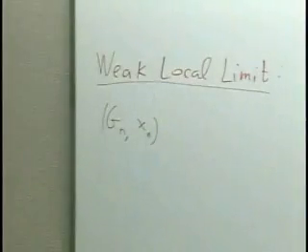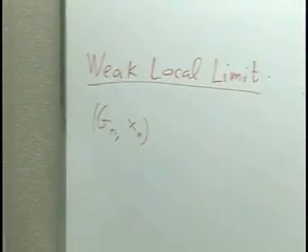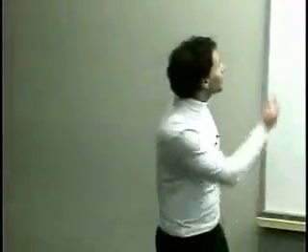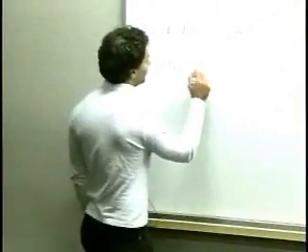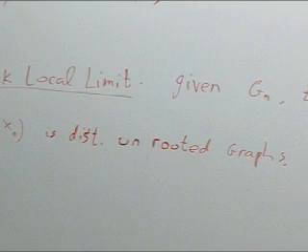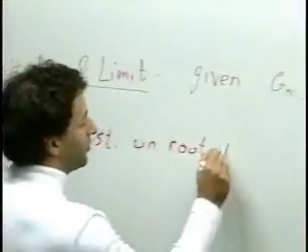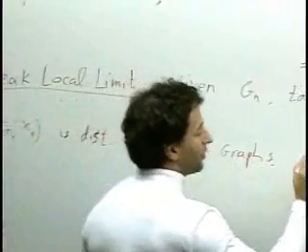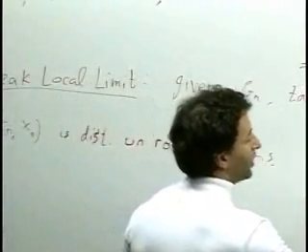So this gives you some random rooted graph, and now you have a measure on rooted graphs, and you can think of a weak limit with respect to this topology for the local limit. So this is a distribution on rooted graphs, and we take a weak limit.